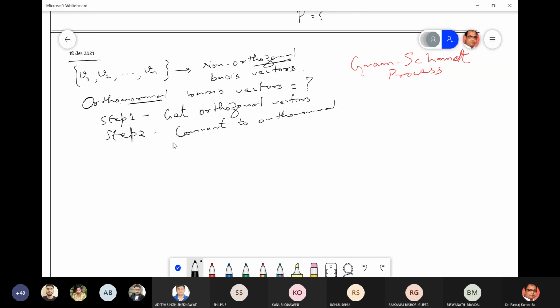Step one, let us say: for the set of non-orthogonal vectors v1, v2, vn, let us assume that the corresponding vectors u1, u2, un are the orthonormal vectors.